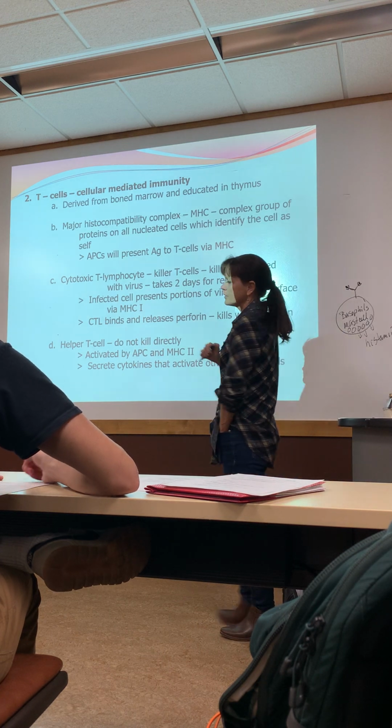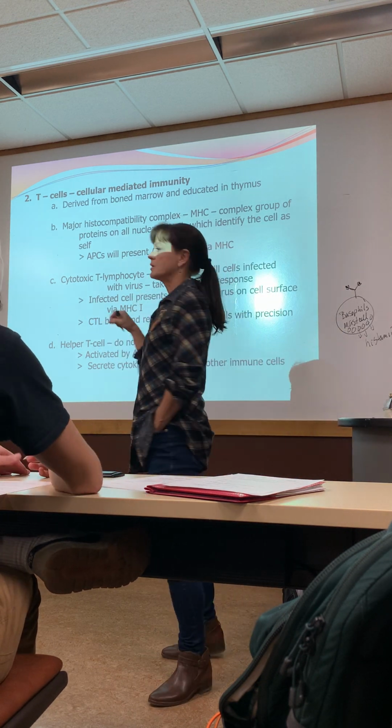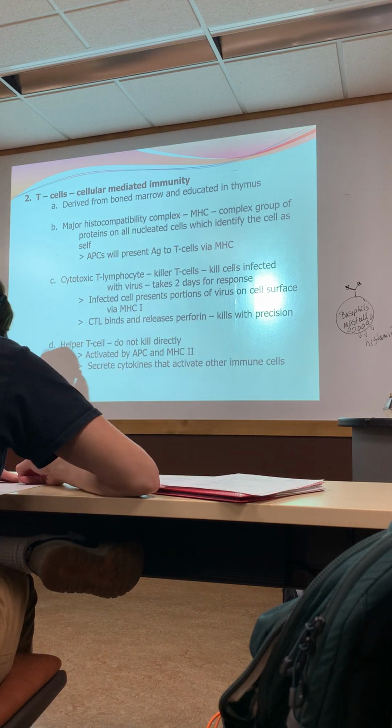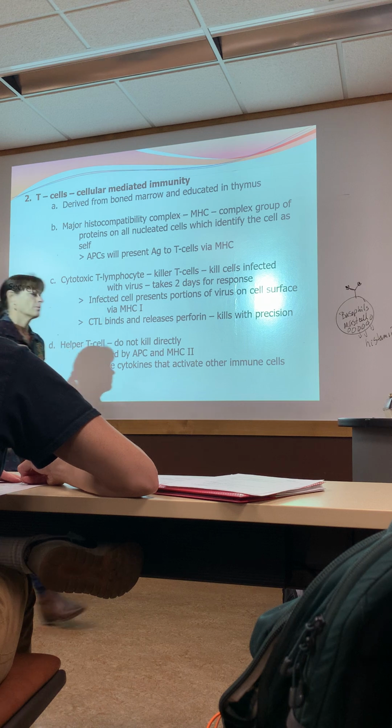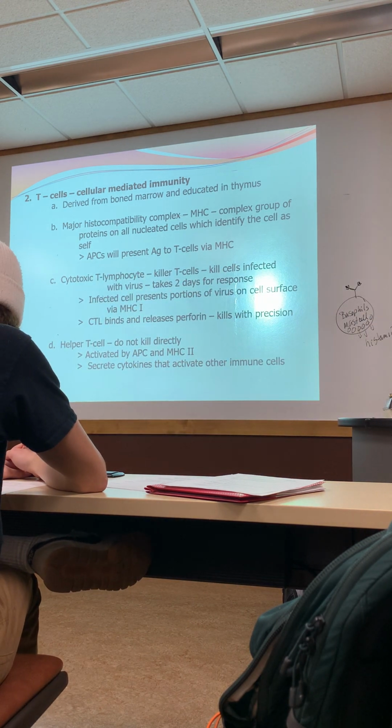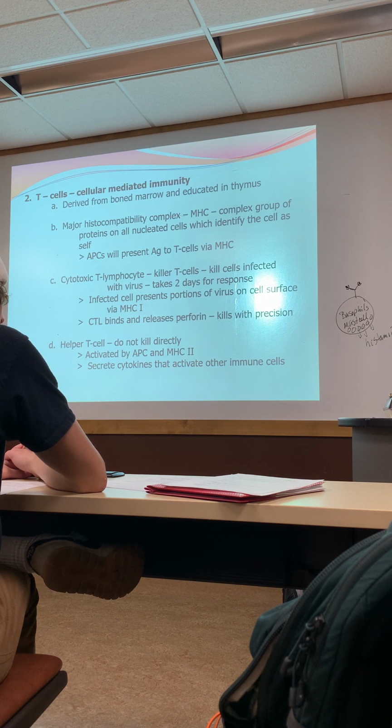The major histocompatibility complex, or MHC, and they already mentioned this in that video, is a complex group of proteins that lives on all nucleated cells, so not red blood cells, they don't have a nucleus anymore, but all nucleated cells, and it defines you as you.